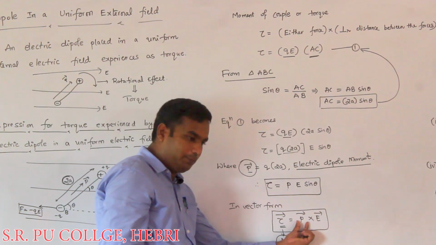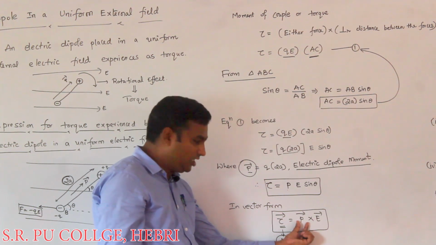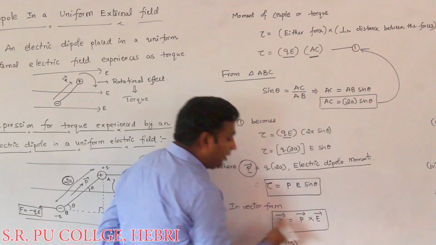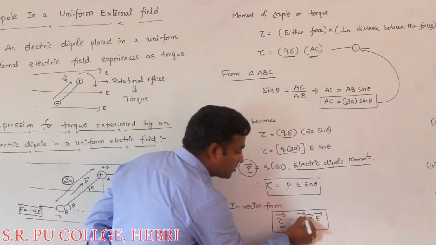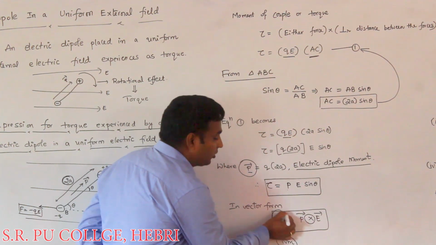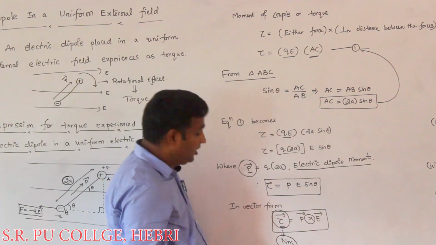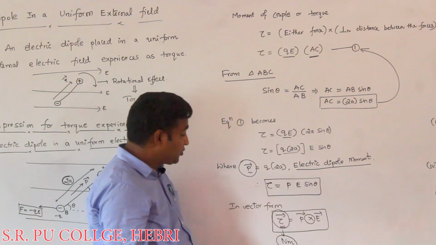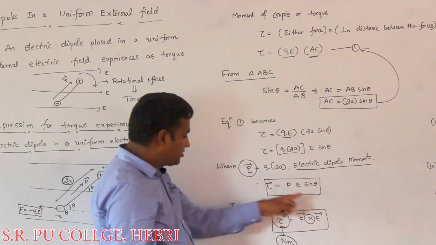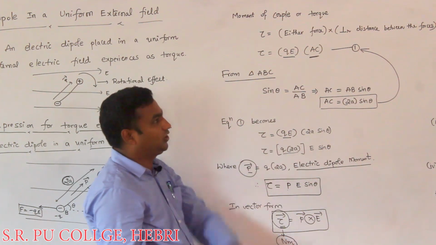P is the electric dipole moment, a vector quantity, and E is the electric field, also a vector quantity. These two are multiplied using the cross product or vector product to give the electric torque, also a vector quantity. In vector form, tau vector is equal to P vector cross E vector.